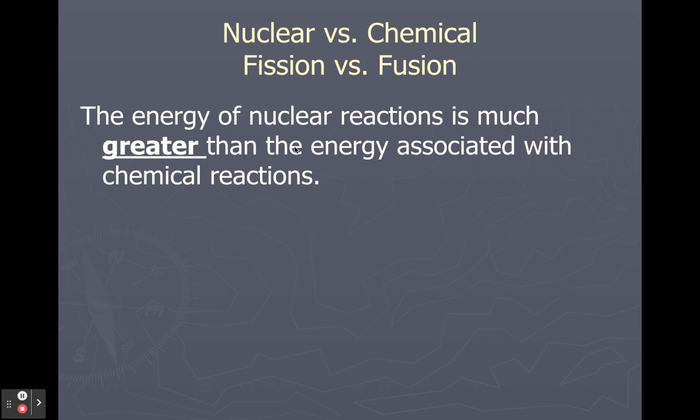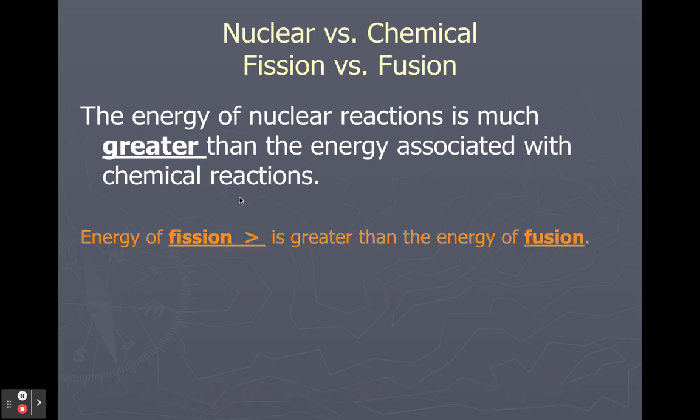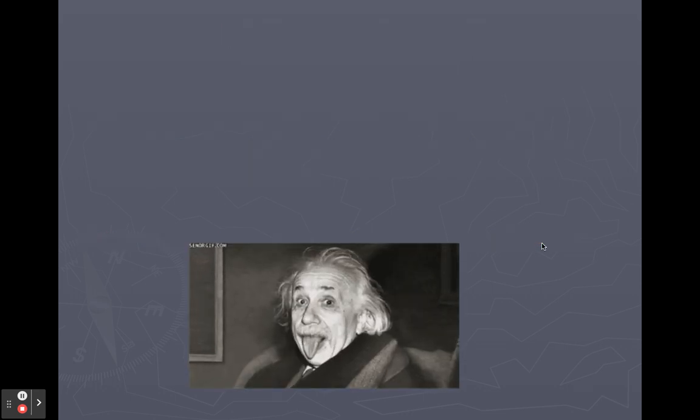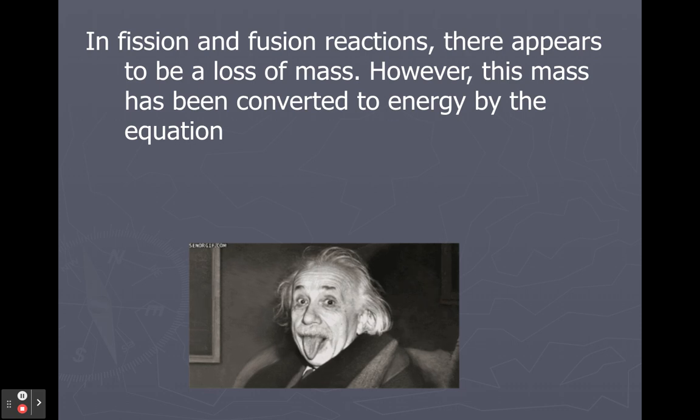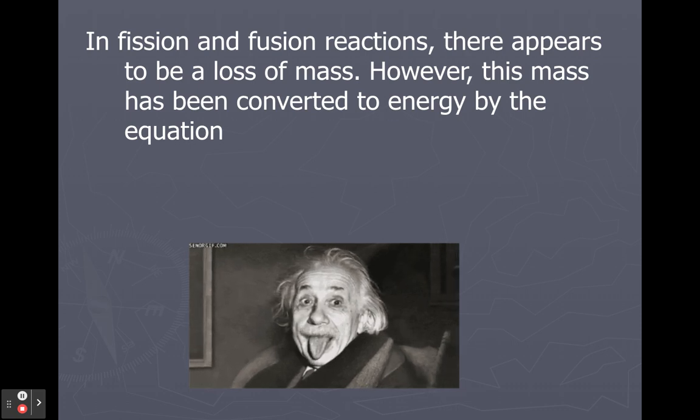Okay. So nuclear reactions give off a lot more energy than a normal chemical reaction. And fission gives off more energy than fusion. Okay. Fission and fusion reactions appear to be a loss of mass. However, this mass is converted into energy.